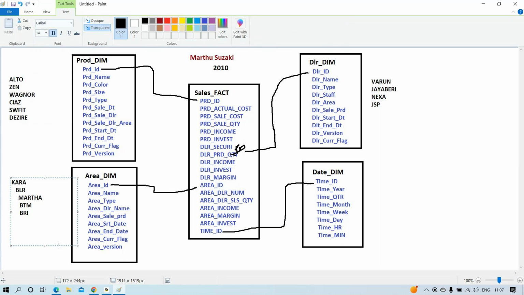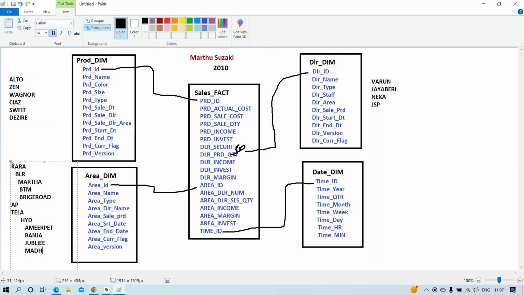Then Andhra Pradesh, and Telangana, within Telangana Hyderabad, within Hyderabad Amirpet, and within Amirpet Banjara Hills, Jubilee Hills, Madhapur, Gachibowli. Like this, they are in different areas.